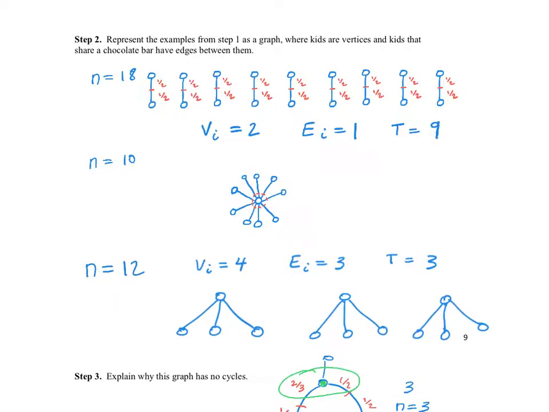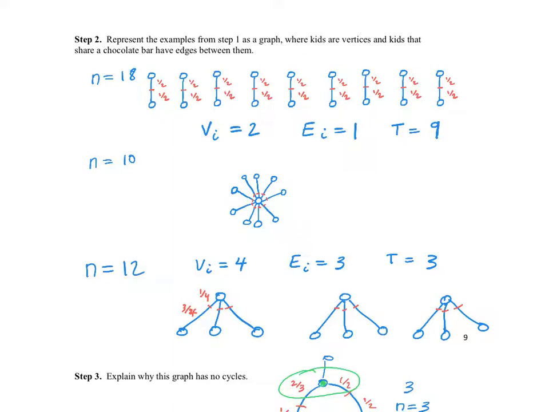So in this case, we would be making cuts at the 1/4, 3/4 point. So all of those cuts, we would cut up each chocolate bar, and each kid would get 3/4 of a chocolate bar. This is actually not the only tree that we could draw. We do have to abide by these rules of 4 vertices and 3 edges per tree.